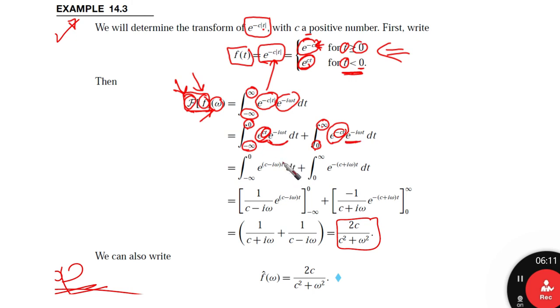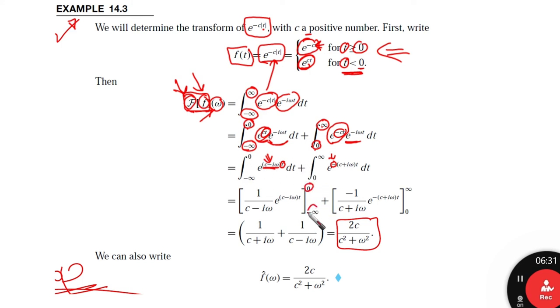Then in our integration we take t as a common variable and lift up the value between the parentheses, which is c minus i omega. In a similar fashion here, it is going to be the same, but the minus sign is going to be here. It's a limited integration.